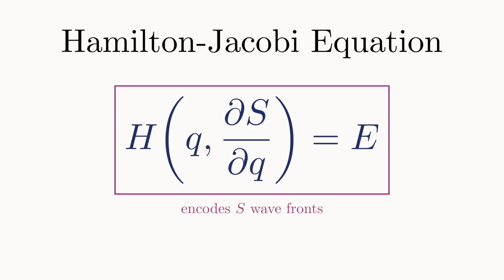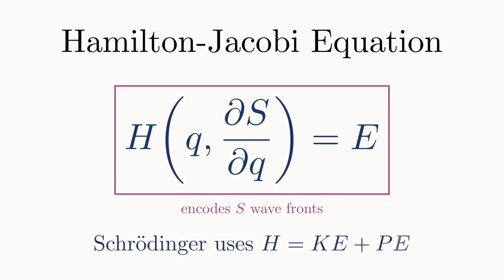It says that something called the Hamiltonian, written in terms of the position and the derivative of the action with respect to position, just equals the total energy. In our case, the Hamiltonian will just be the kinetic energy plus the potential energy. But the more general form of the Hamiltonian can also depend on time.